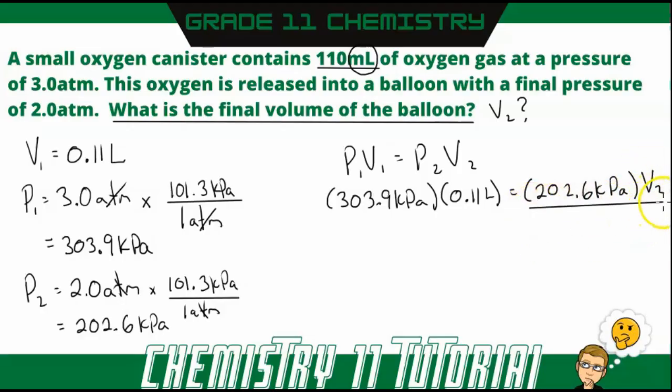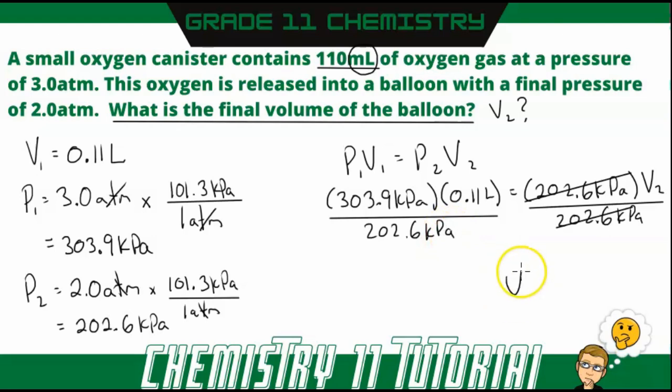So we just need to divide both sides by P2 in order to isolate V2. Divide both sides by 202.6 kPa, so they cancel here, and we will get V2 as 0.165 liters, or if you like, 165 milliliters.